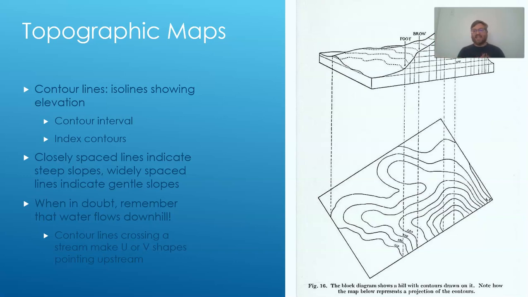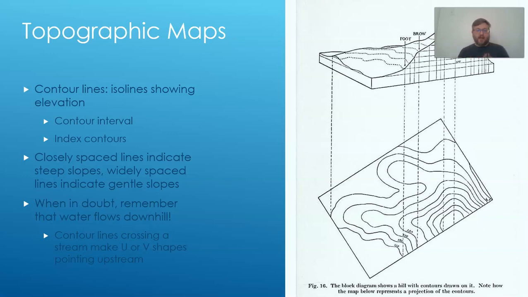You would stay at exactly the same elevation as you went around the landscape following that contour line exactly. If you're going uphill or downhill, then you are crossing over contour lines, right? You're going from one contour line to another as you're walking if you're going up or downhill.